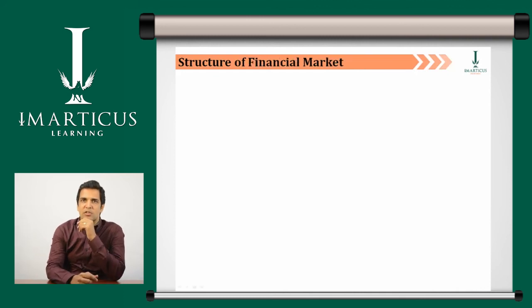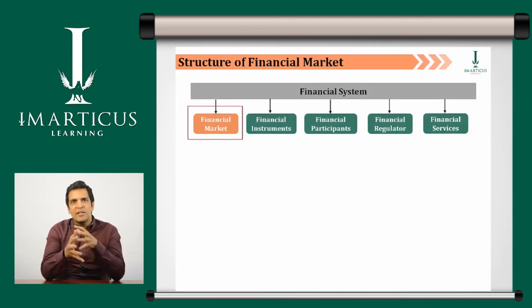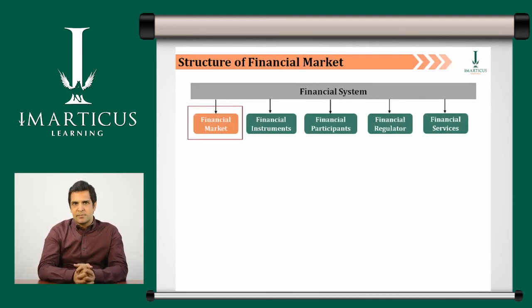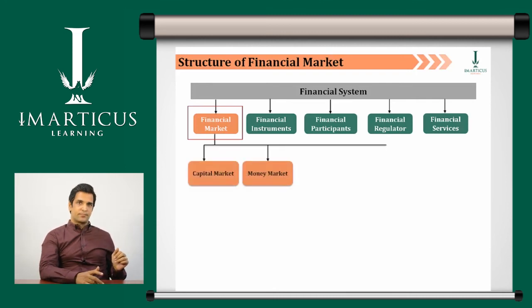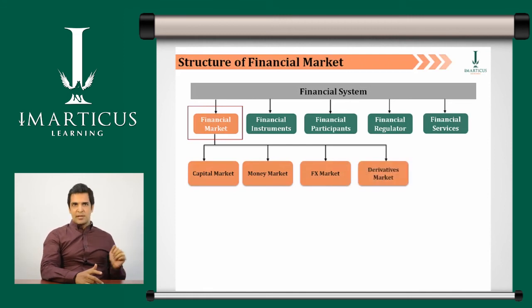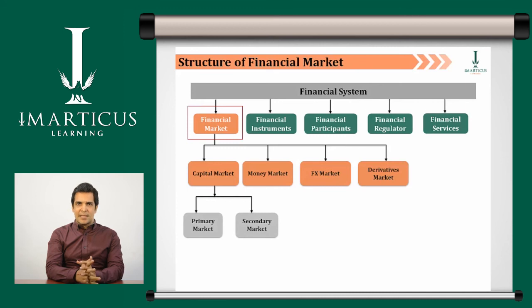Let's now look at the structure of financial markets. Broadly, financial markets are of four types: capital markets, money markets, foreign exchange markets, and derivatives markets. Capital markets are further subdivided into primary and secondary markets.